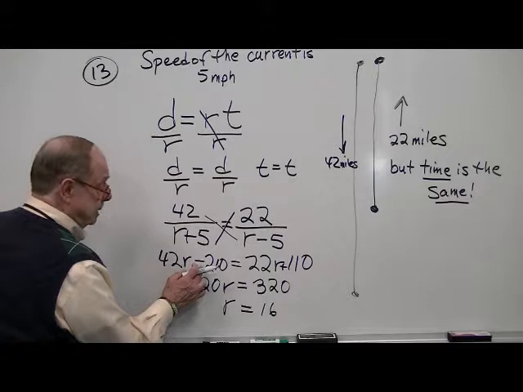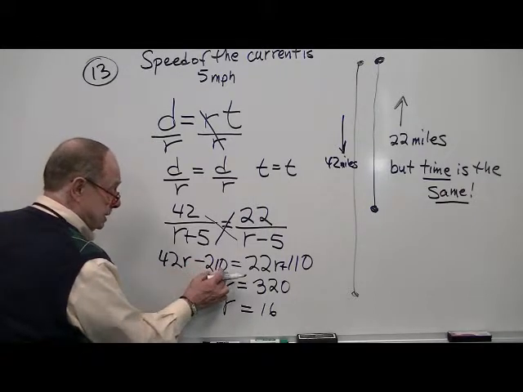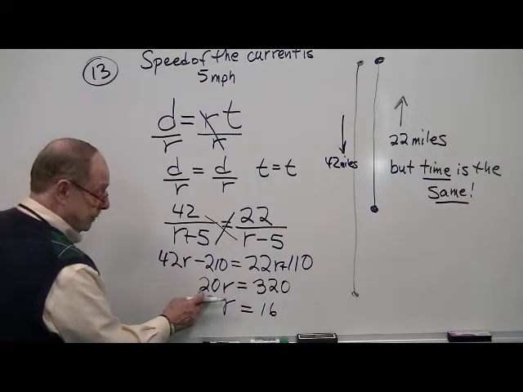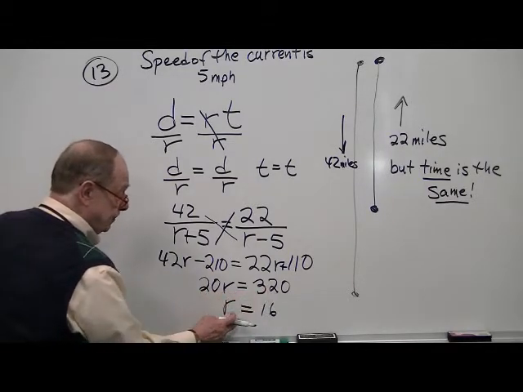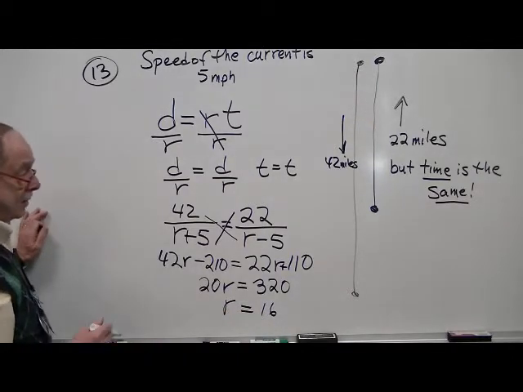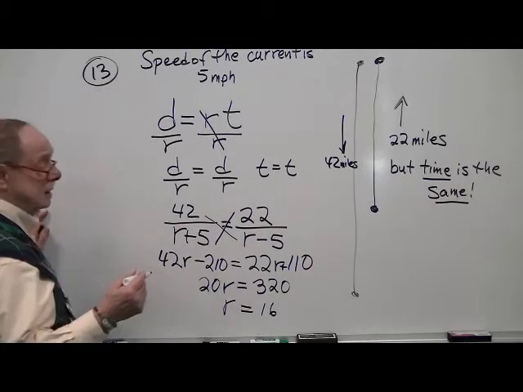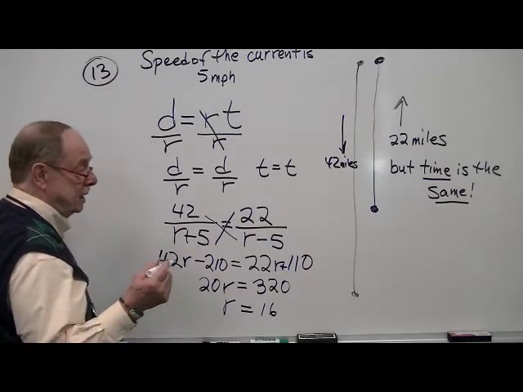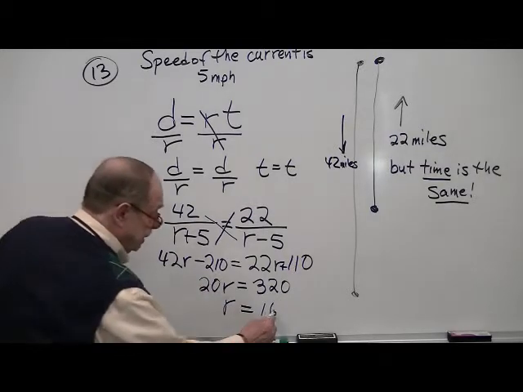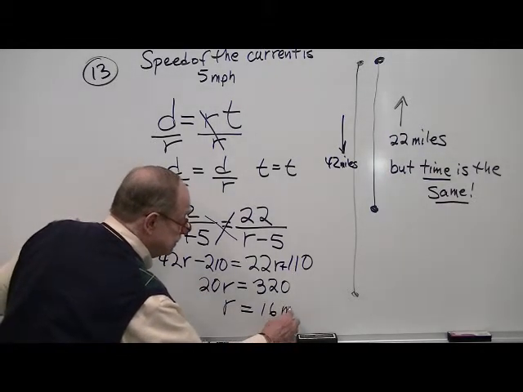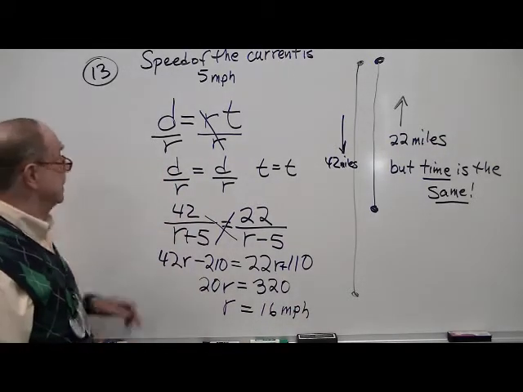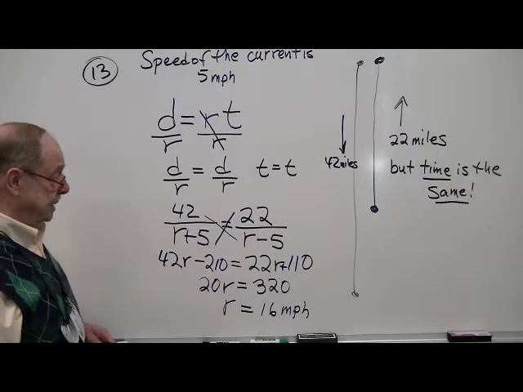I'm going to add 210 to both sides. I get 320. I'm now going to divide both sides by 20. I get r equals 16. So our answer statement, what is the speed of the boat in still water? It would be 16 miles per hour. That would be your answer statement for number 13.